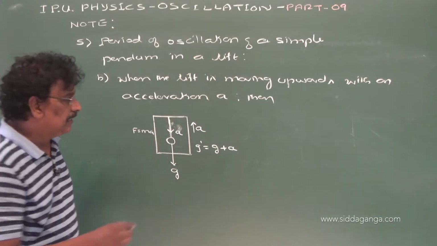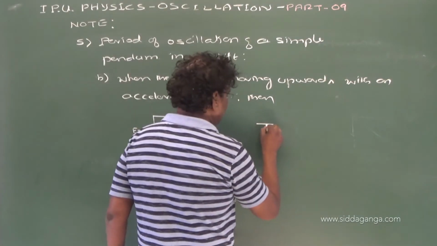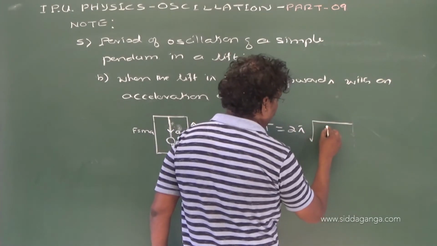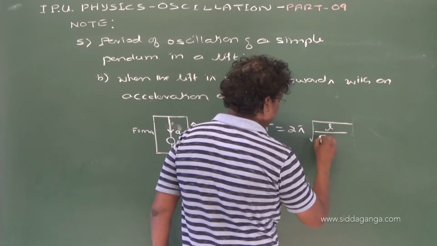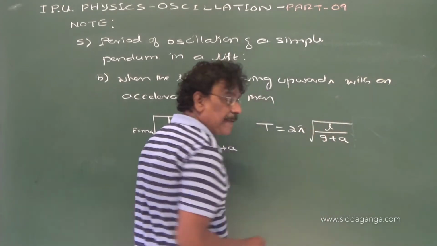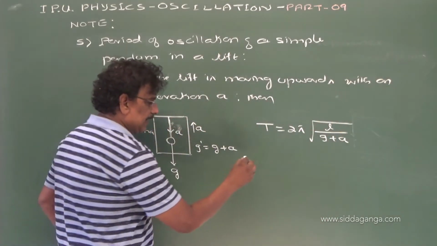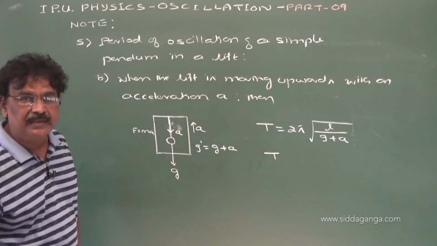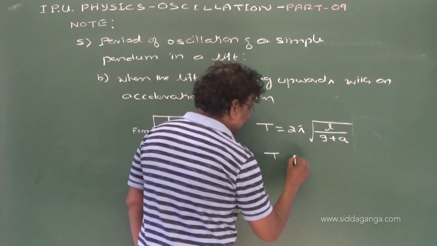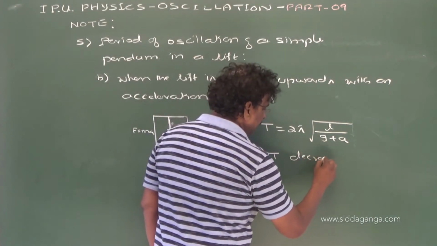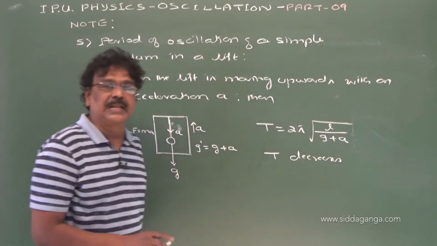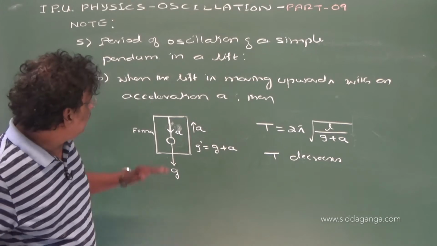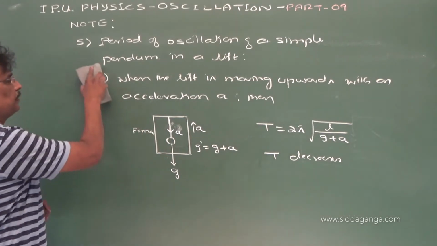Now in this case the period of oscillation T is equal to 2 pi into square root of L by g plus a, right? That means here if the lift is moving vertically upwards with a certain acceleration, the time period decreases. Time period gets decreased here. Now we will take C.